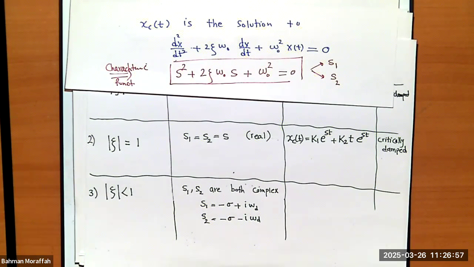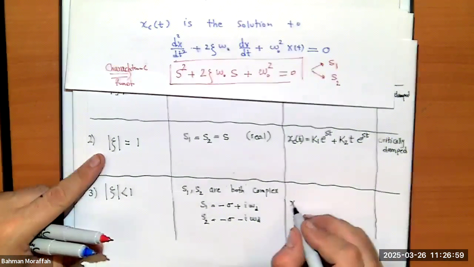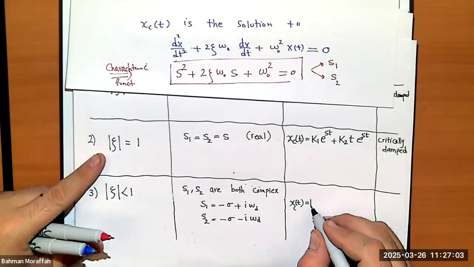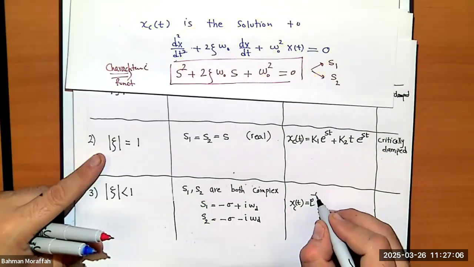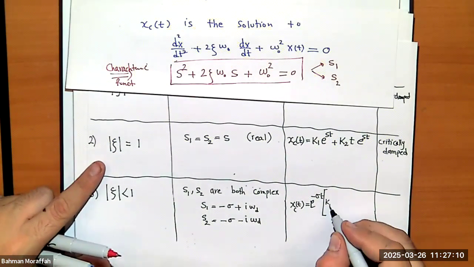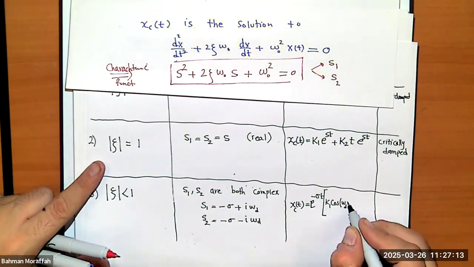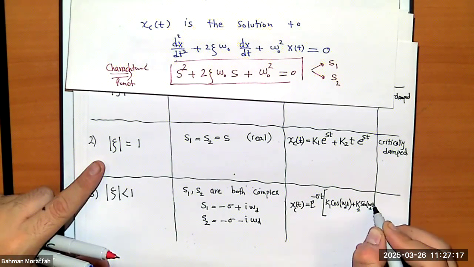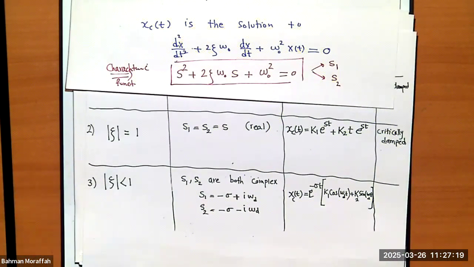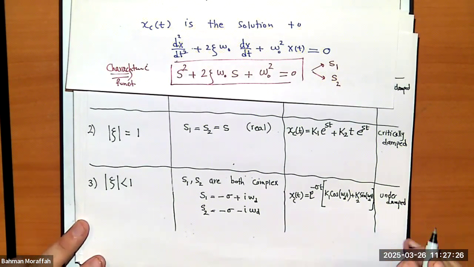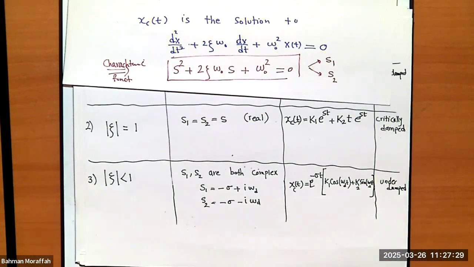Right? And we said the solution, xc of t, is e to the power of minus sigma t times k1 cosine omega dt plus k2 sine omega dt. And we call this solution underdamped.